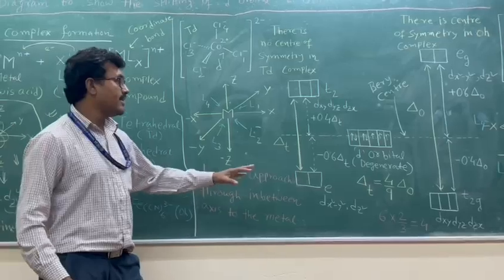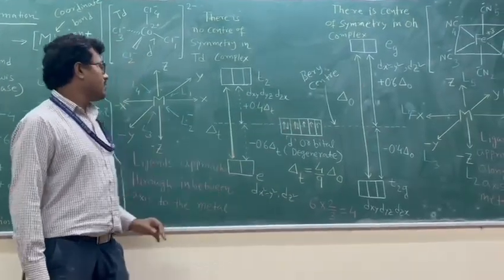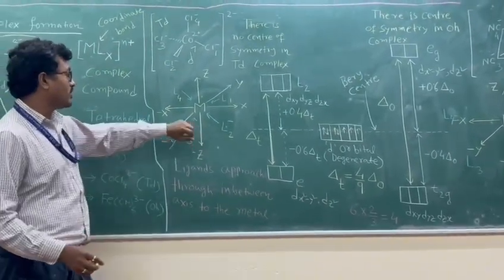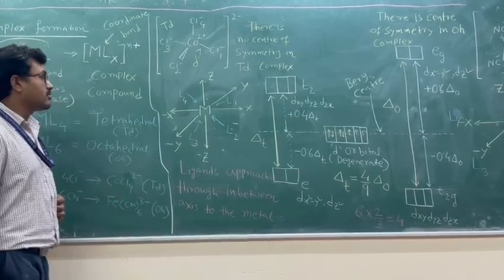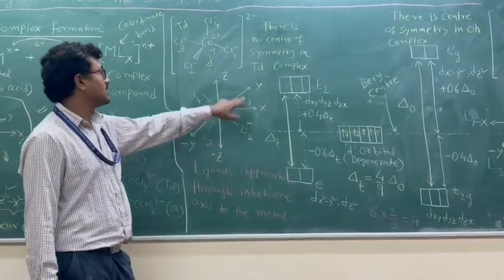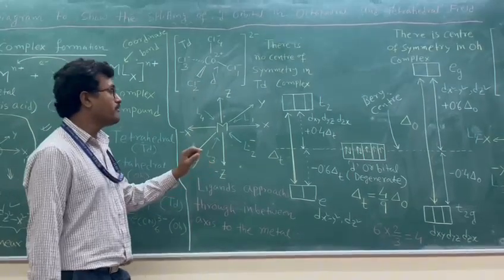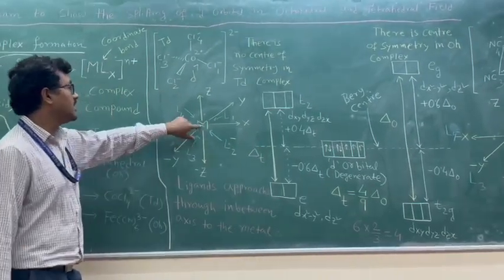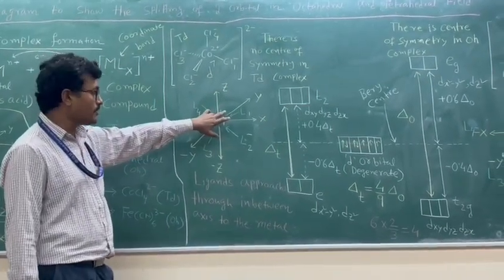So all these 7 d electrons are there. Now when ligands are approaching the metal, what will happen? There will be inter-electronic repulsion between the electrons present on the ligand, like Cl-, and the electrons present in the metal. So the metal is here, and the metal is surrounded by its d electrons.